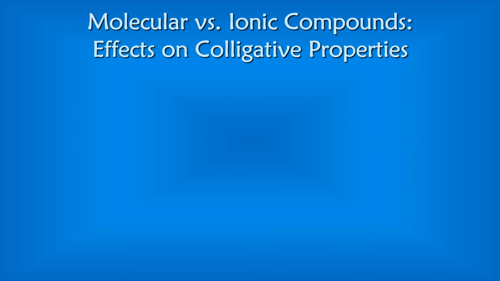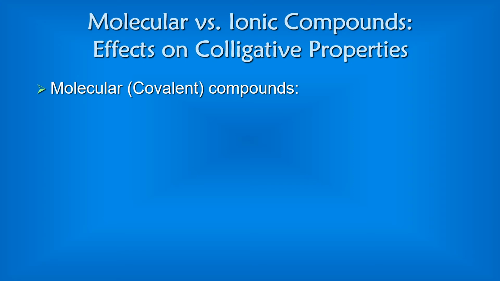The way these properties are affected by molecular versus ionic compounds is this. In molecular compounds, let's say we add 1 mole of our solute into the solution; here we are looking at sugar. If I add 1 mole of sugar into water and dissolve it, it makes an aqueous solution.